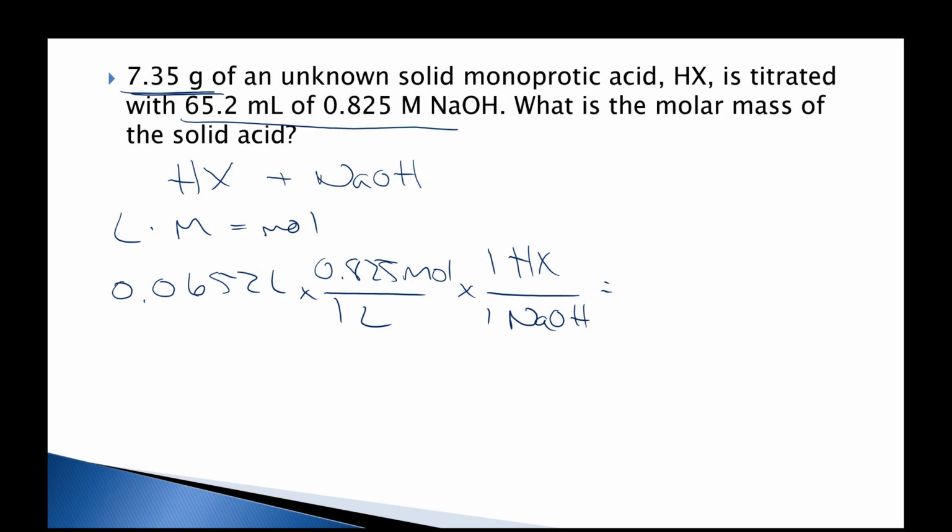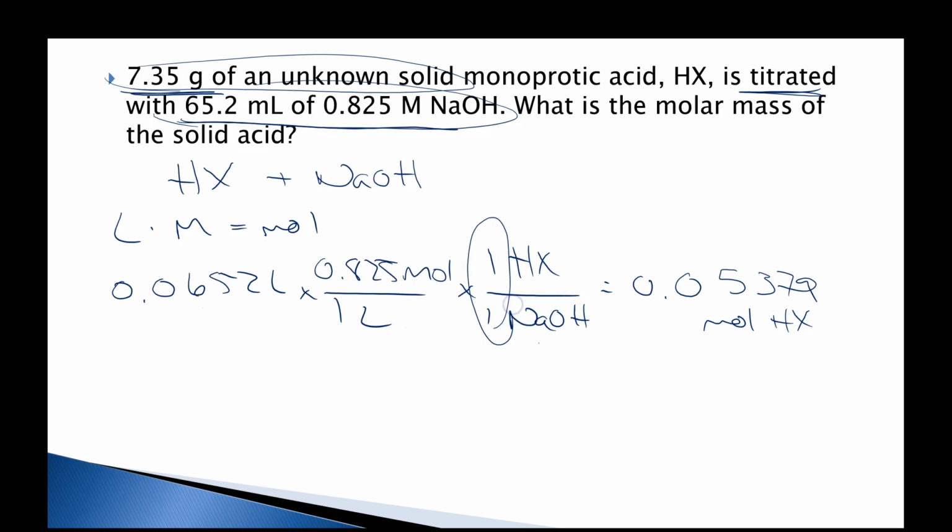Means I have 0.05379 moles of my acid. Since they are titrated, that means they've gone to the endpoint or the equivalence point. The moles of the acid equal the moles of the base at the equivalence point. So if I take liters times molarity, I get the moles of NaOH, and I know the balanced ratio is 1-to-1.